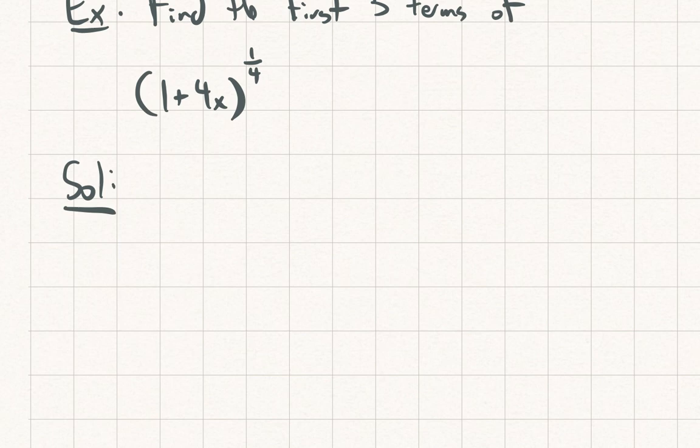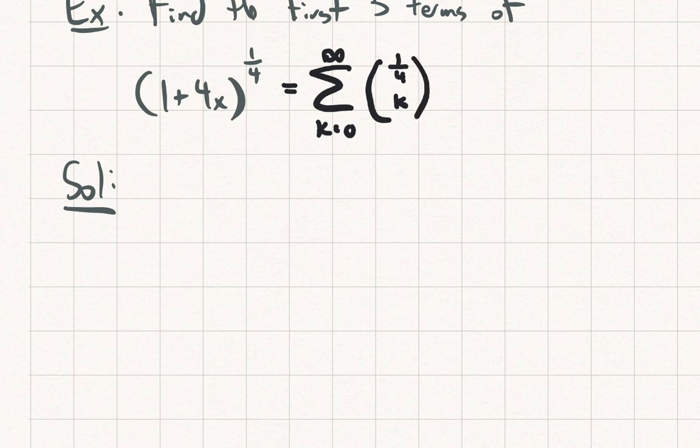So we know that this is going to be the sum, as k goes from 0 to infinity, of 1/4 choose k times 1 to the 1/4 minus k times (4x) to the k. And the first thing you notice, of course, is that this is just 1 to some power, so that just goes away. That's just 1.